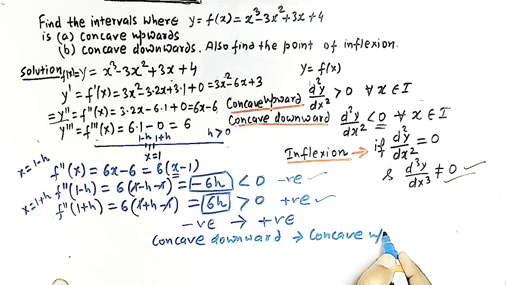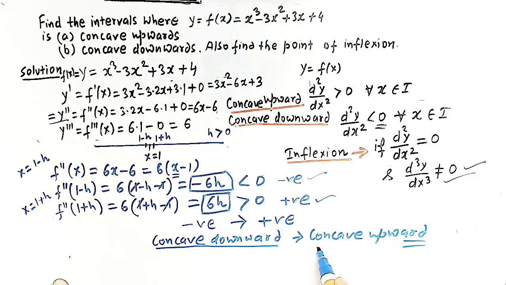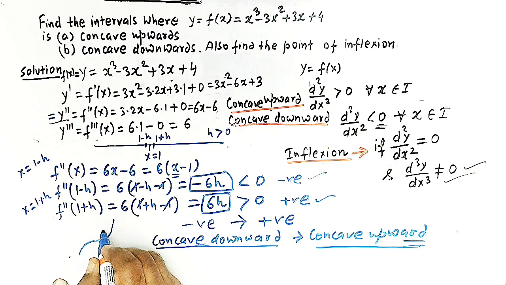And we know that at the point of inflection there is a change of concavity, that is the curve bends, right? So here we have concave downward, here we have concave upward. So we have the shape of the curve like this, that is here we have concave downward, and then we go like this, and here we have concave upward, and here we have concave downward, right? So here we have the point of inflection.